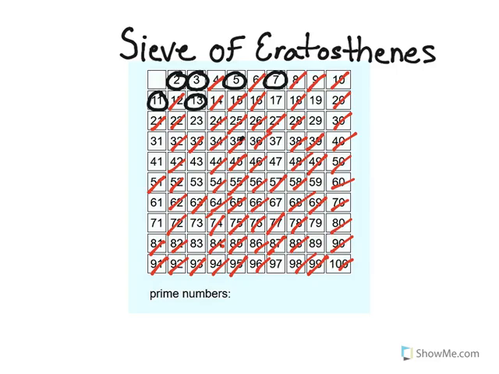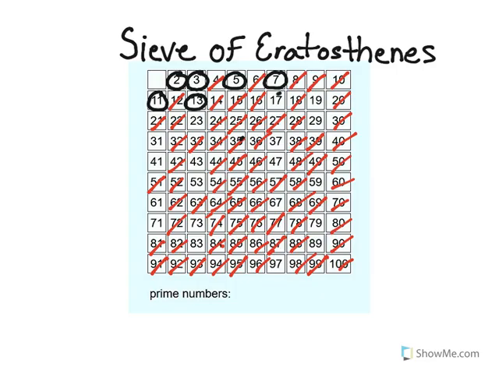So when we do multiples of 13, we start at 13, and then we do 26. 26 looks like it's been crossed out, and then we can do 39. 39's been crossed out, 52 has been crossed out, 65 has been crossed out, 78's been crossed out, 91's been crossed out, so we're good on that.